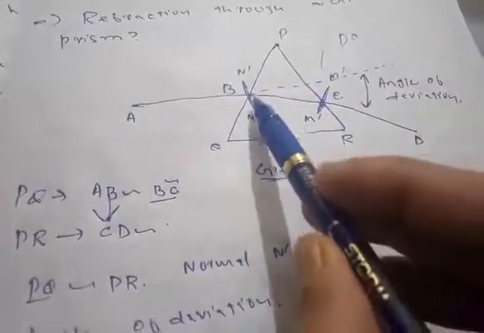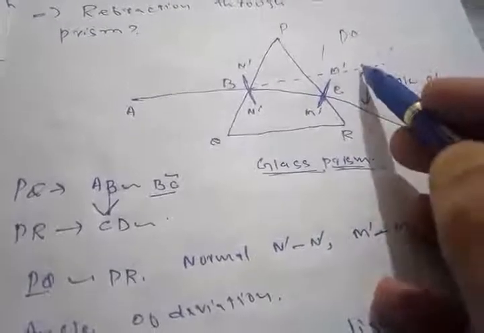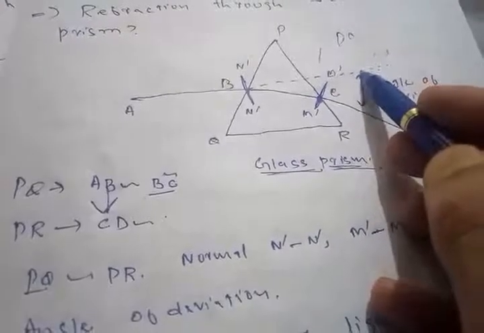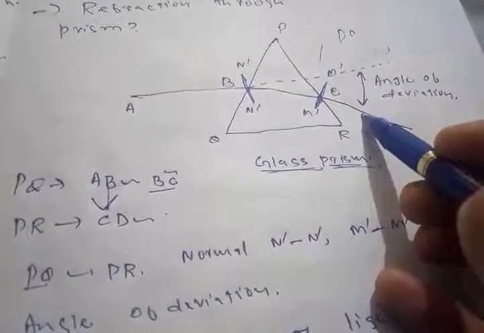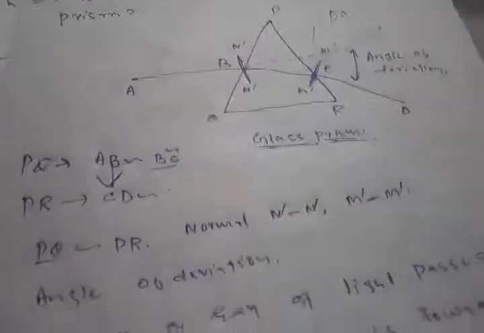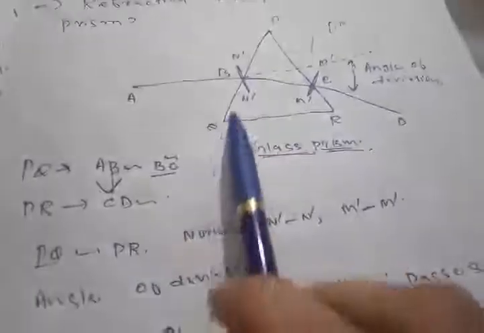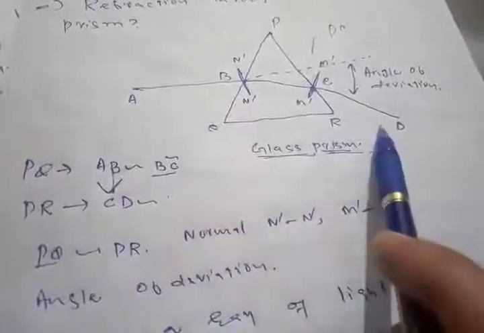When we take the imaginary line from B, it becomes BX. The angle between this imaginary ray of light and the ordinary ray of light is called the angle of deviation. It shows how much the light bends while traveling from one part of the prism to the other side of the prism.